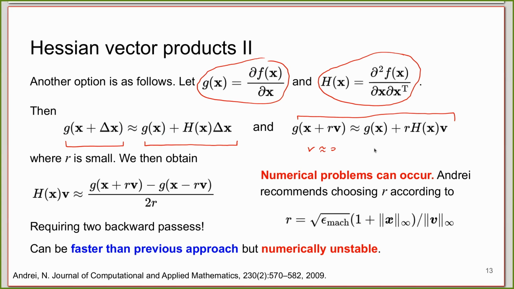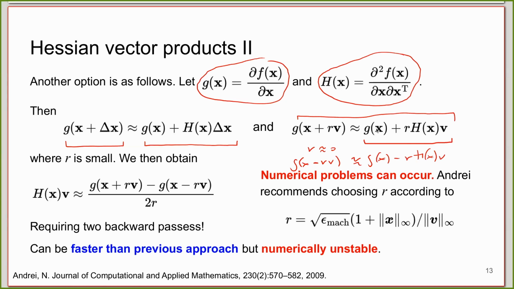You have here a first order approximation. And then you can just use this. Obviously, you could do it with minus rv. And then this is going to be the gradient minus rHxv.